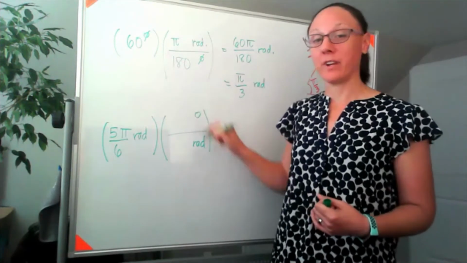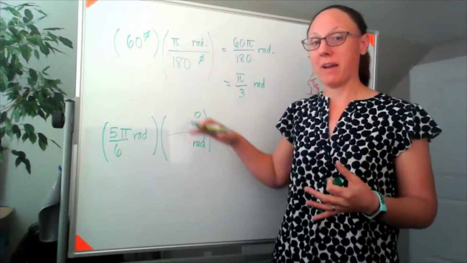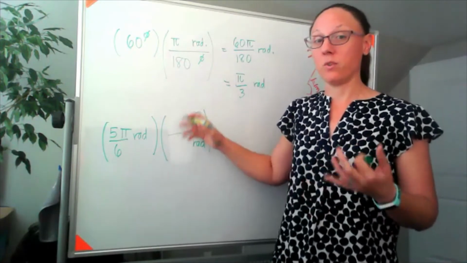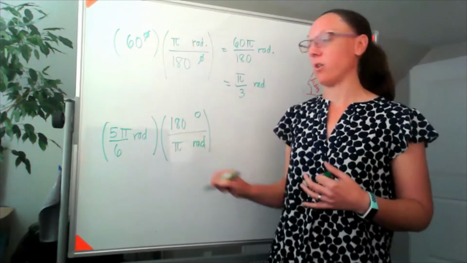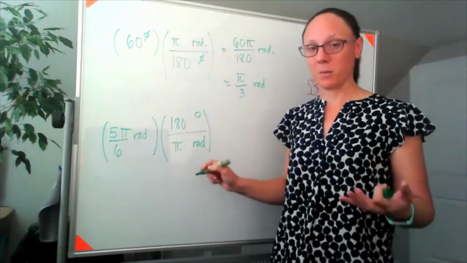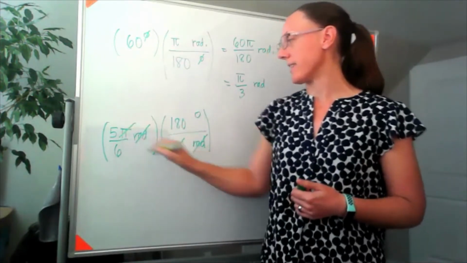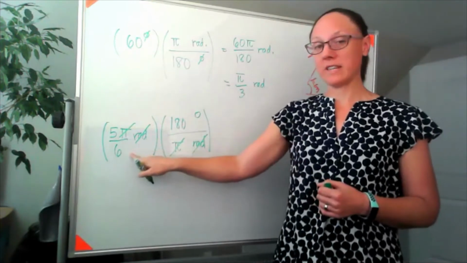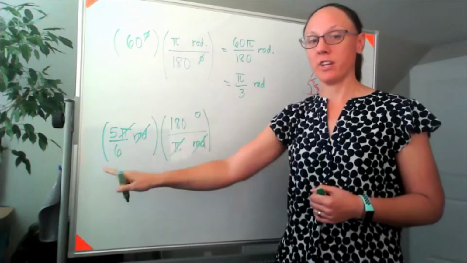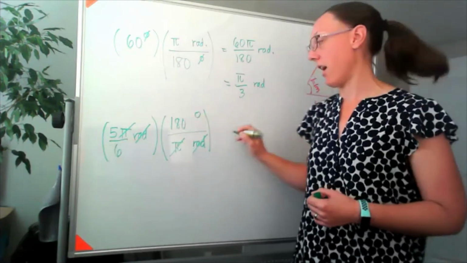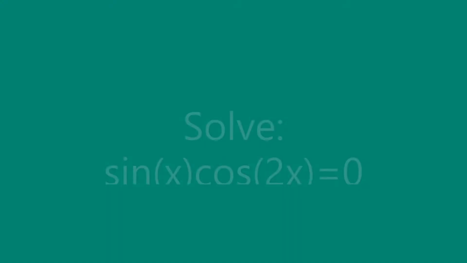And I want degrees, so I'm going to put degrees in the numerator. And now I need to have a ratio that matches equivalently. So 180 degrees is the same as pi radians. At this point, my radians would cancel out, my pi's would cancel out. 180 degrees divided by 6 would be 30. So I'd have 30 degrees, and then times that 5 would give me 150 degrees.